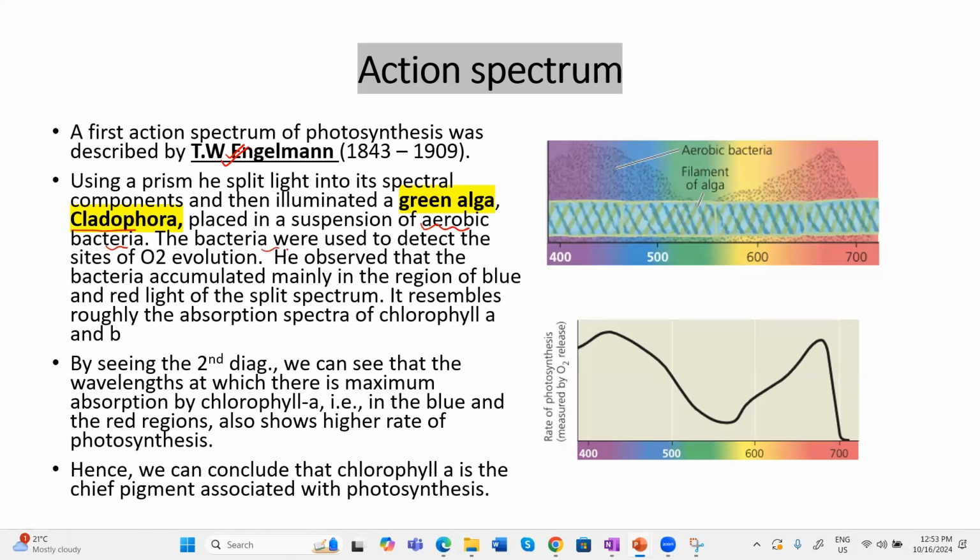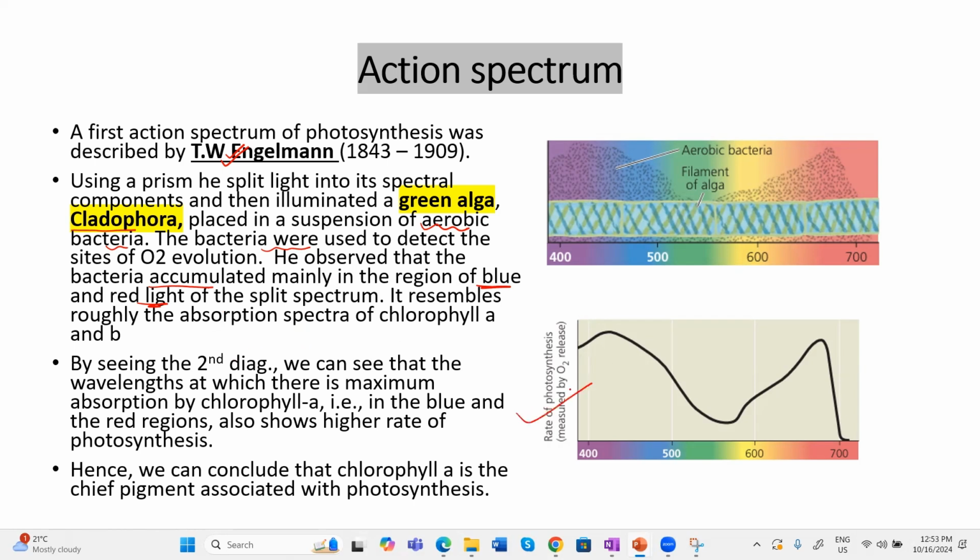The bacteria were used to know where oxygen evolution is more, because we'll be studying further about photolysis of water. So he just wanted to know in which region bacteria accumulate, and he found that bacteria mainly accumulate in the region of blue and red light. Means absorption spectrum is roughly meeting with the action spectrum.